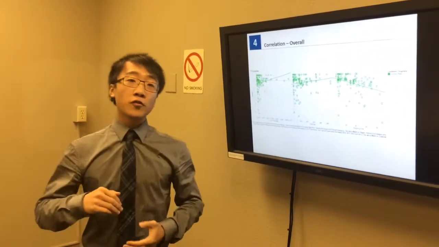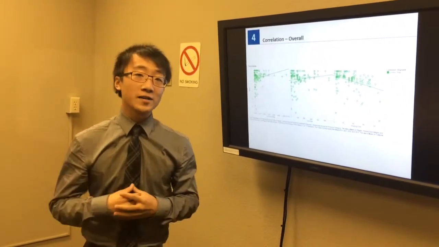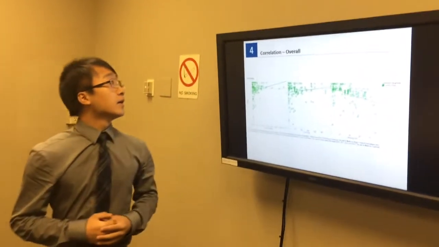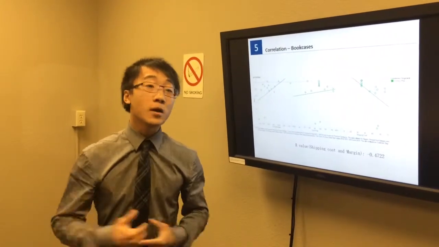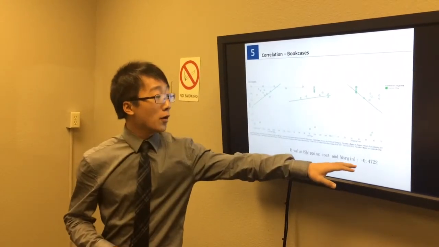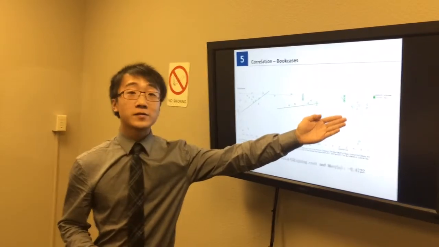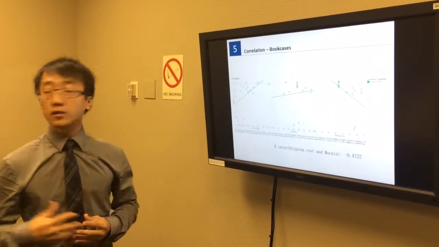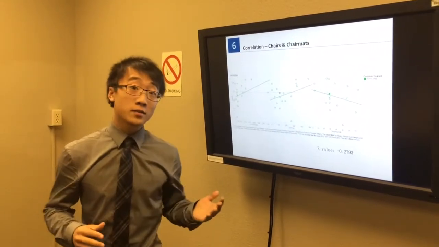To further support our point, we did individual tests between margin and the different subcategories. In the bookcases subcategory, where we are losing money, we found the R value is negative 0.47, and as you can see, the line here is very steep. However, in chairs and chair mats, it's different.